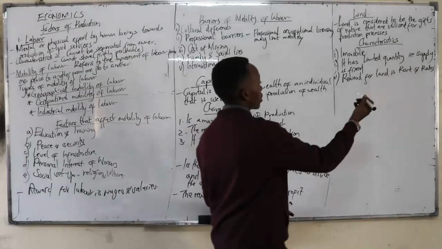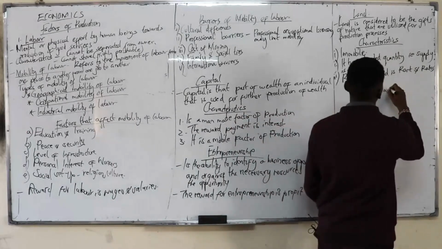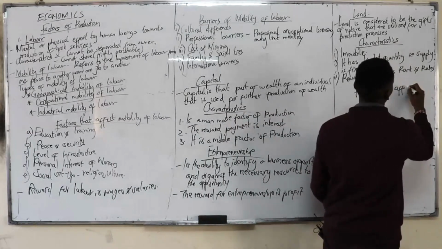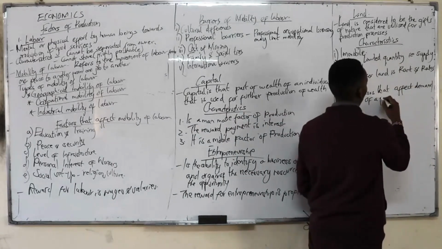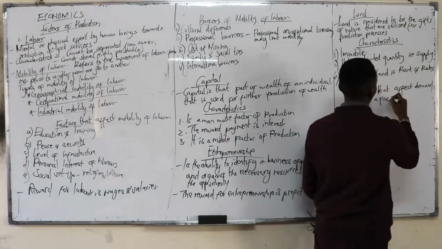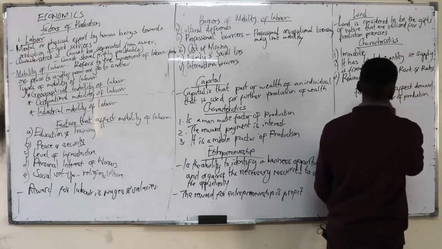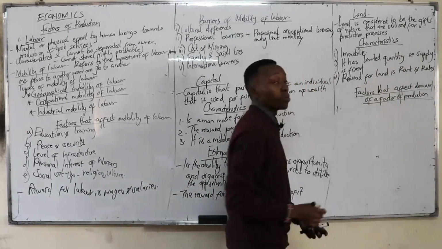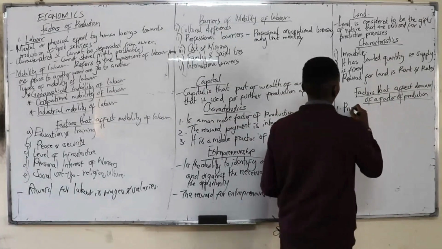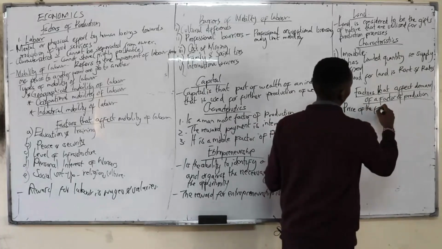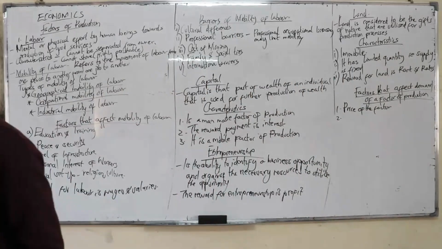So the factors that affect demand of a factor of production will include, one of them, the price of the factor of production, which you have said.